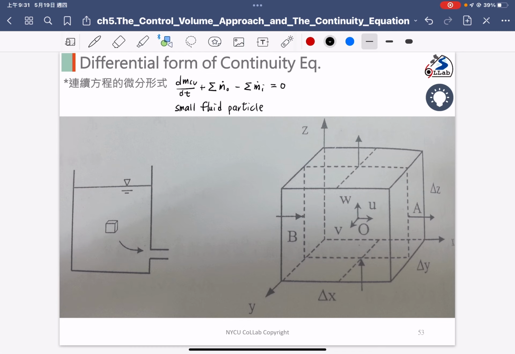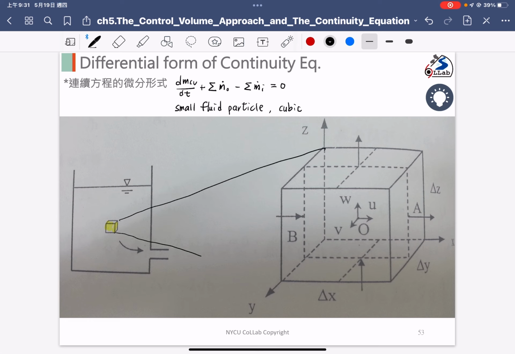As you can see in the figure shown here, we only have the cube, and the fluid particle is a cubic particle, and we show a larger view of the small fluid particle.